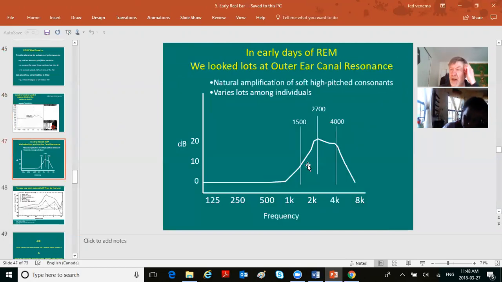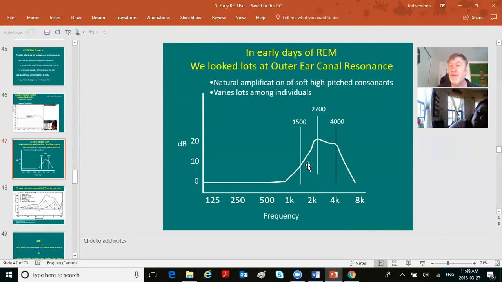REUR. Here's my drawing of REUR. Commit this to memory. This is something you've studied in Anatomy 120, and you've seen this in Acoustics 110, and this is something now in real ear measurement. Memorize this. Have these numbers down. The resonance begins at around 1500 hertz.